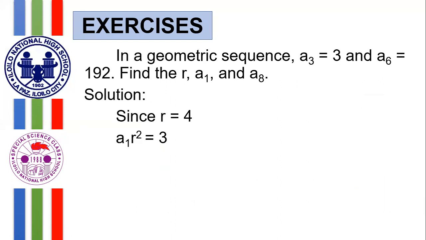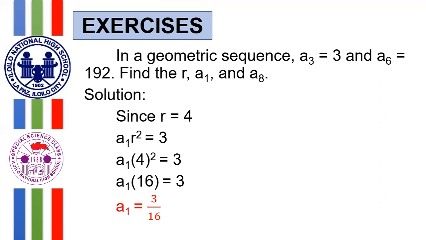Since r is 4, I chose the a sub 3, which is a sub 1 r squared equals 3. Replacing r by 4 gives you a sub 1 times 4 squared equals 3. 4 squared is 16, so a sub 1 times 16 equals 3. And dividing both sides by 16 gives us the first term as 3 over 16.